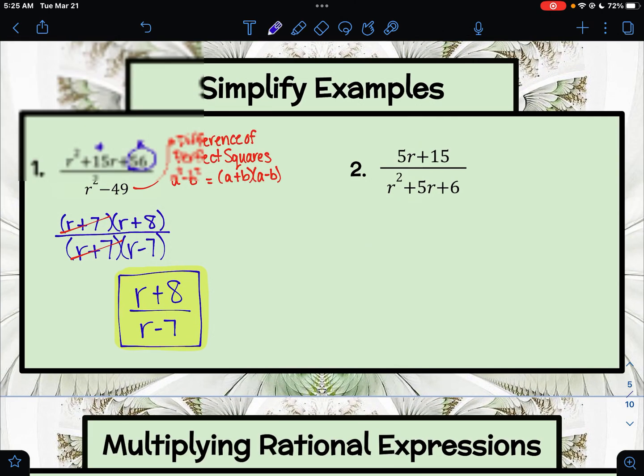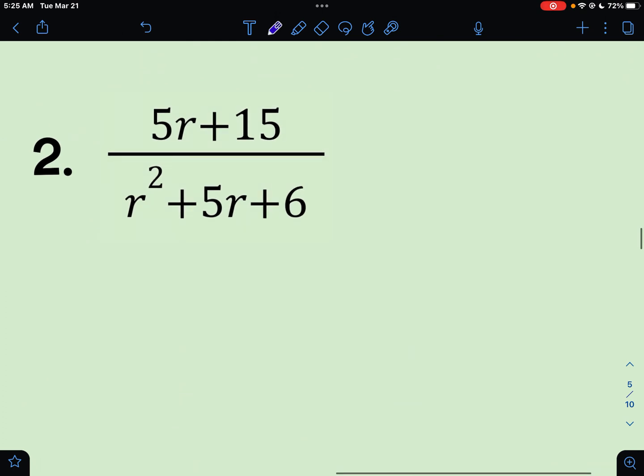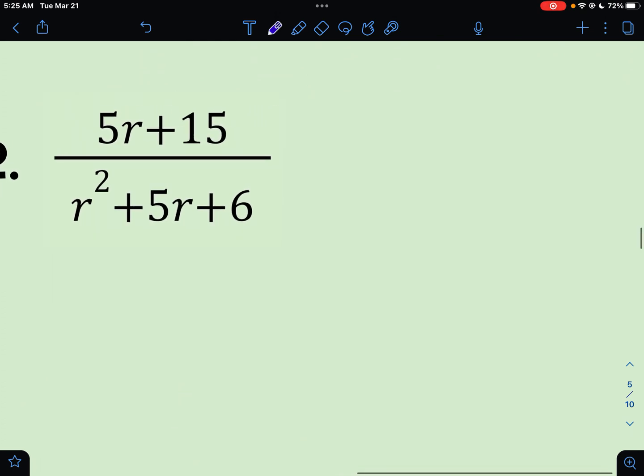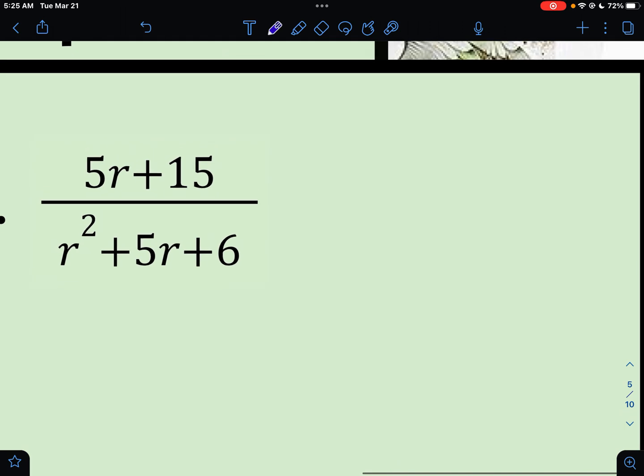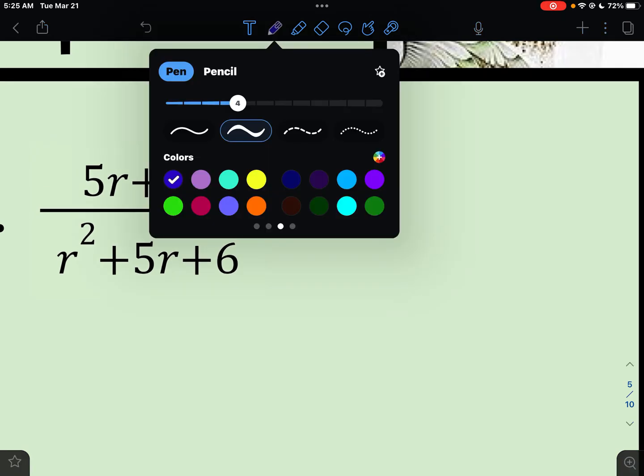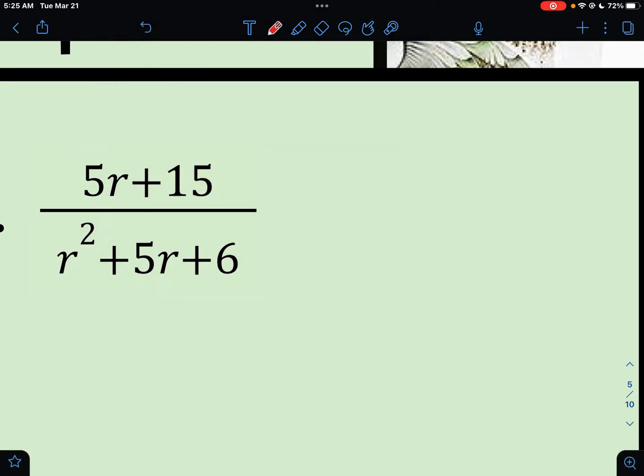Okay. All right, let's try another one. So when we have binomials to factor, I've noticed that we struggle a little bit with that. So what you want to do is ask yourself, let's write something here. Biggest thing they have in common.